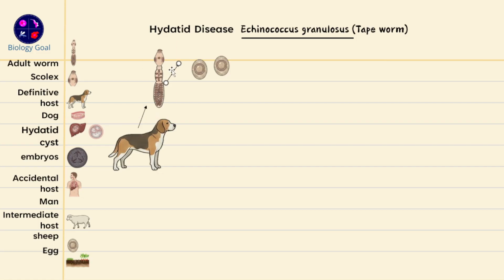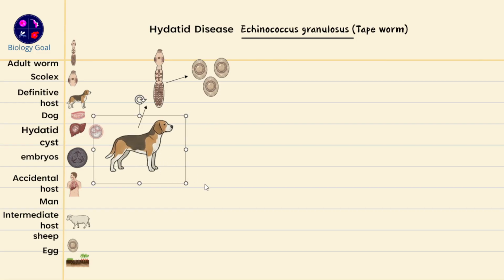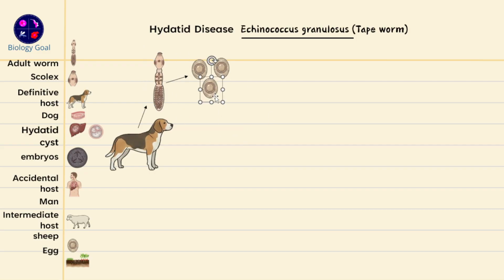This guy over here is releasing a lot of eggs in the environment. I can't draw hundreds and thousands of eggs, but I've drawn 3 eggs so that you can understand. This cute puppy that I've created is going to host this tapeworm, Echinococcus granulosus, and it is going to release a lot of eggs in the environment.